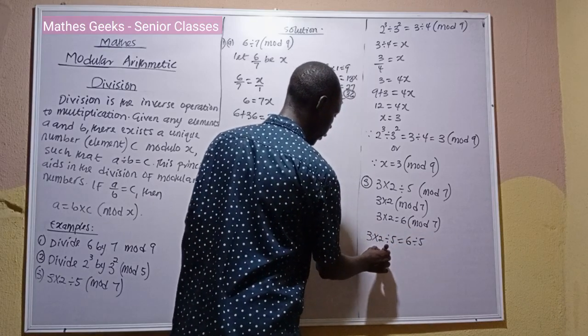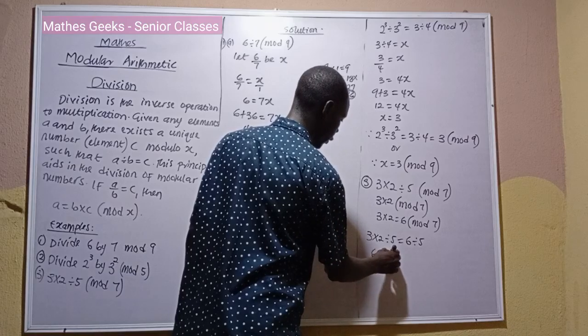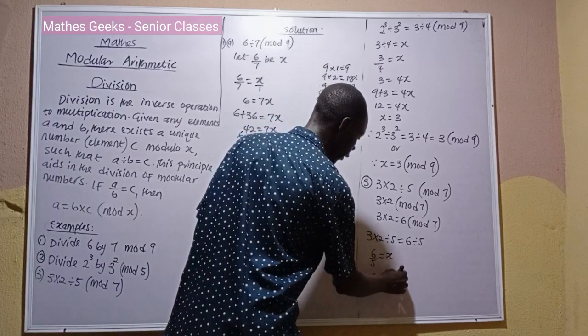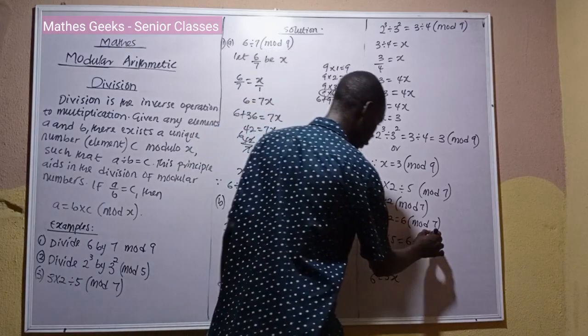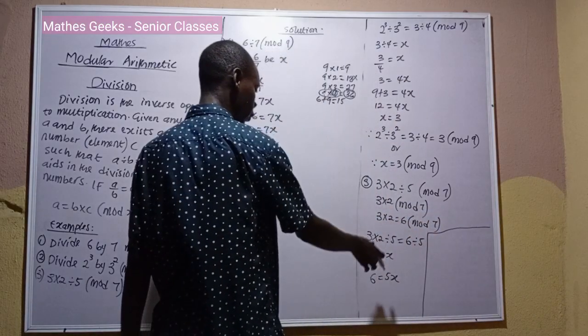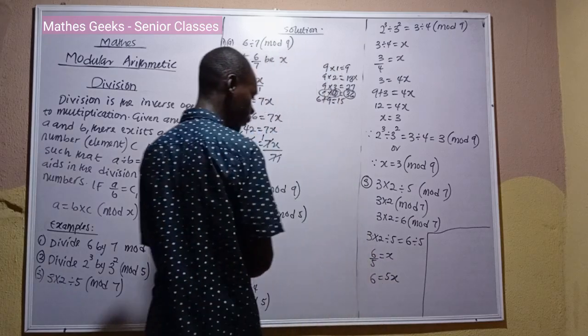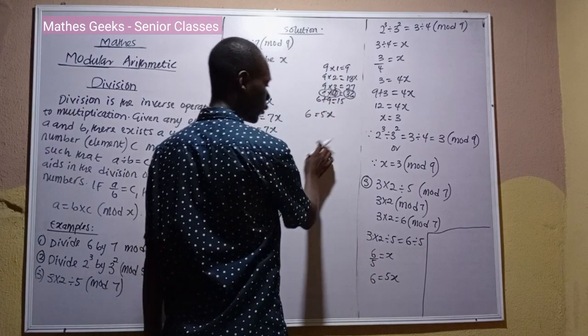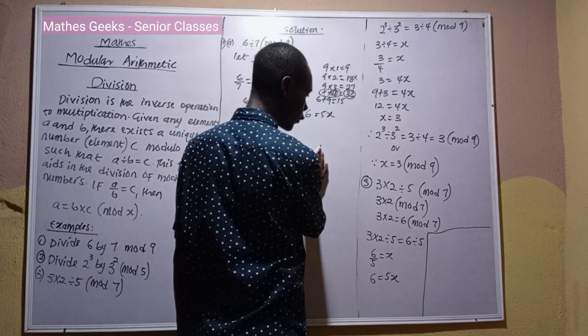So 6 over 5 is equal to x. And now 6 is equal to 5x. Since we are working with modular arithmetic, what this implies is 6 equal to 5x. Look for the mod.